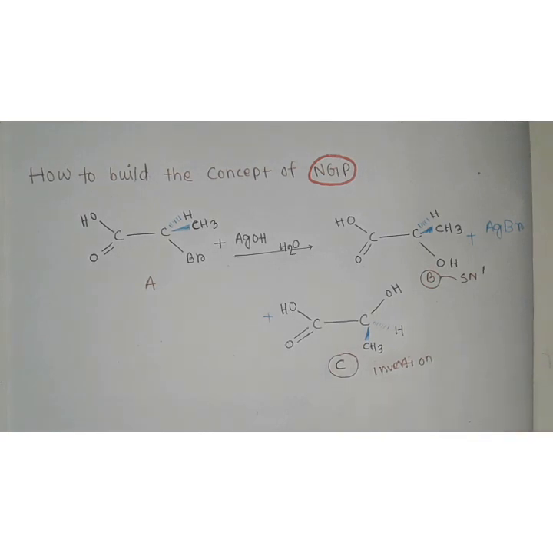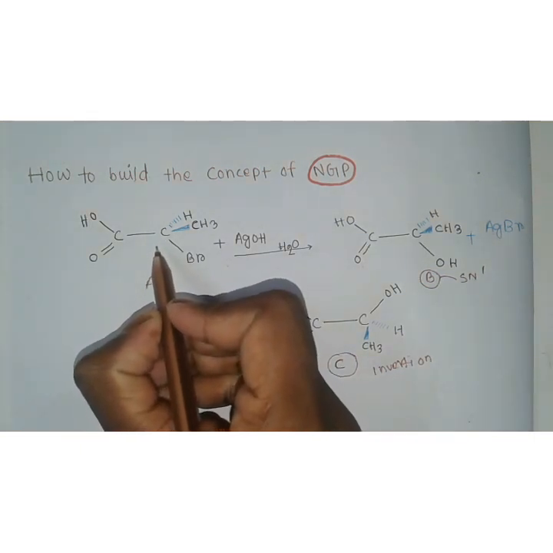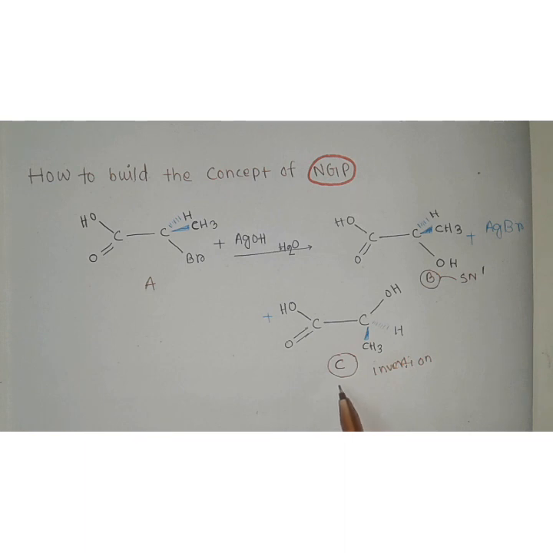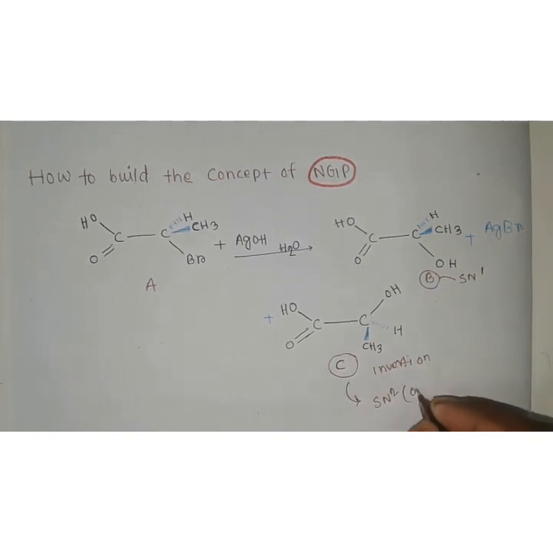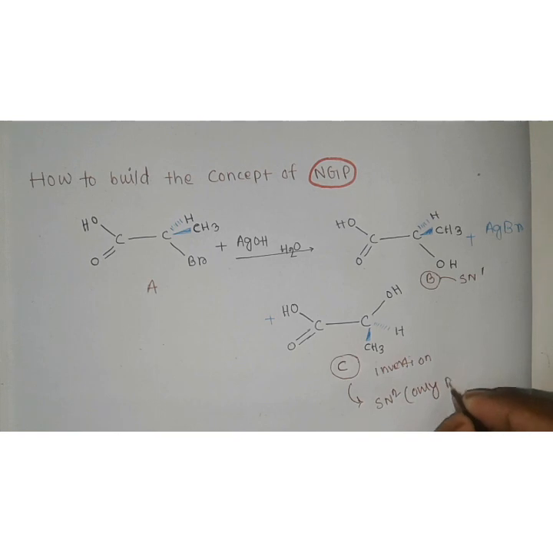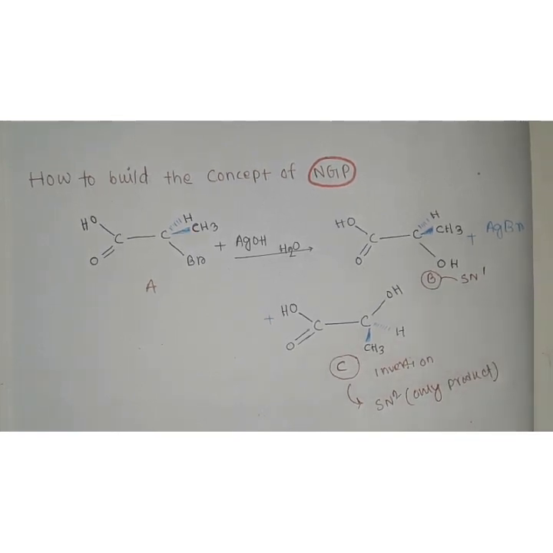Okay, now if the reaction were to take place via the SN2 mechanism, it would happen with inversion of configuration at the chiral center, yielding C as the only substitution product.